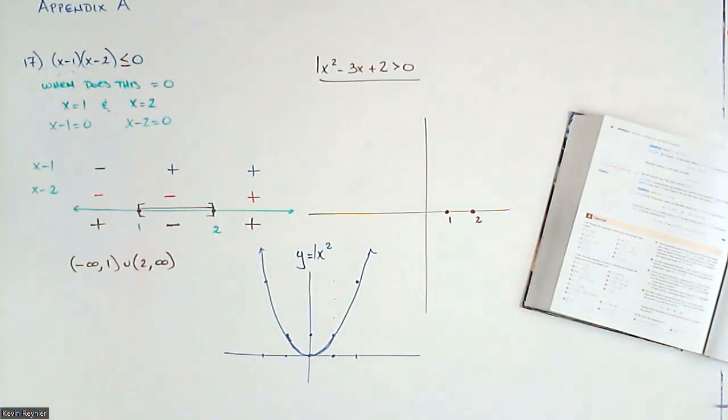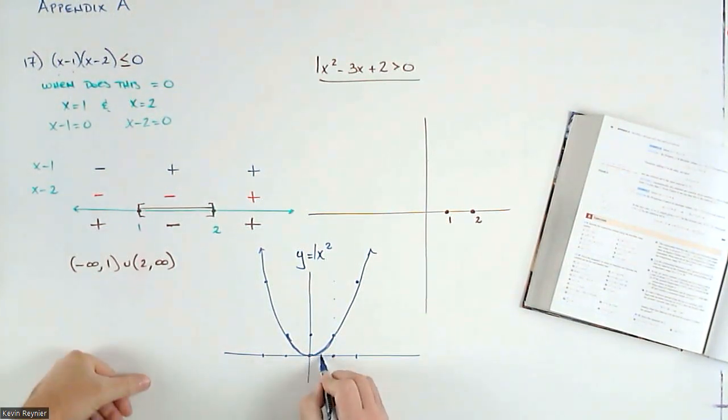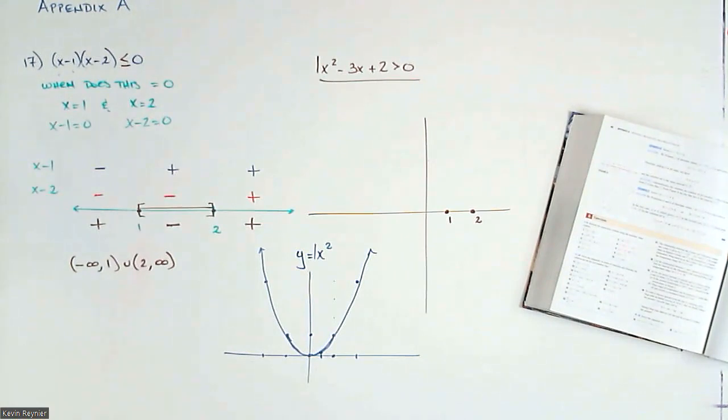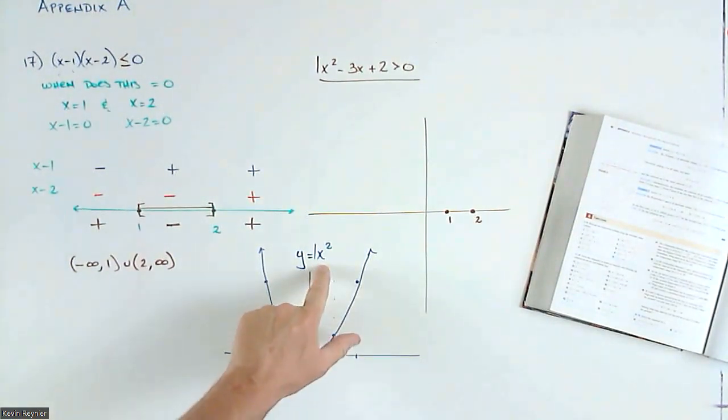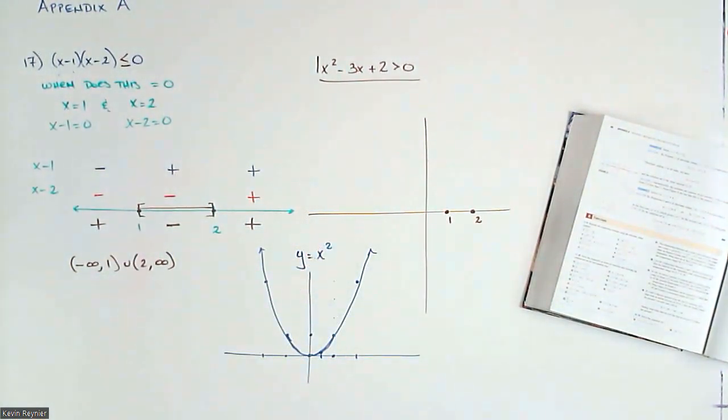It also goes over 3, up 9, over 4, up 16. This is how the basic parabola works. When you go over a half, you only go up a fourth, because it's a half squared. This is why your teacher's parabolas perhaps look better than yours.